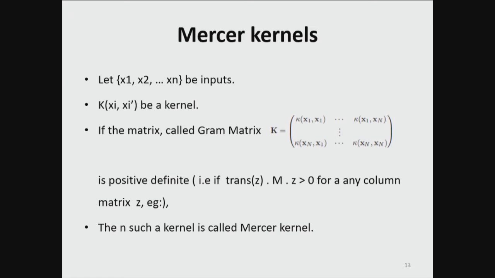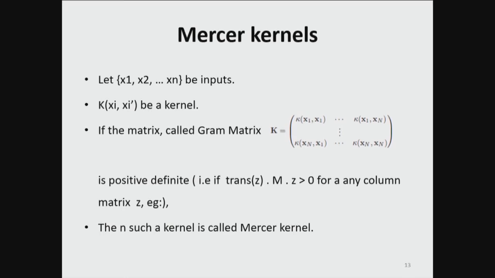Then, having this n by n matrix, we look at some properties of real valued matrices. The property we are talking about is the concept called positive definite. What is positive definite?